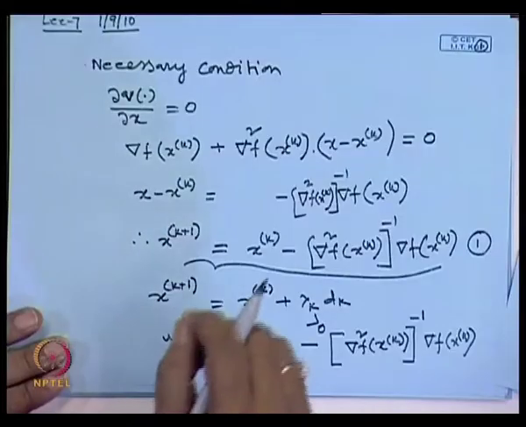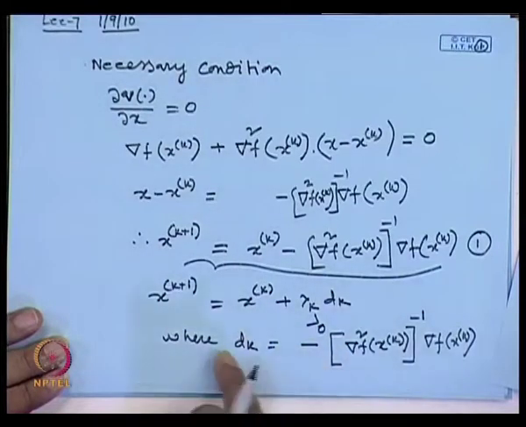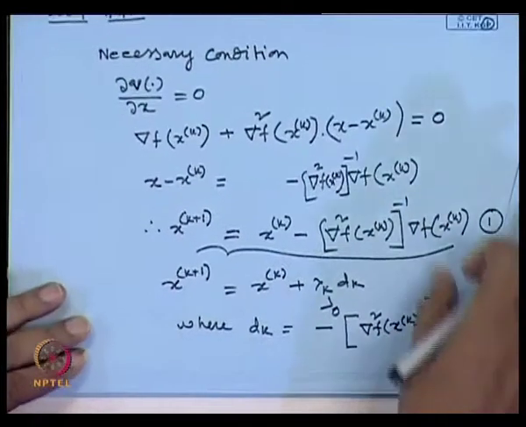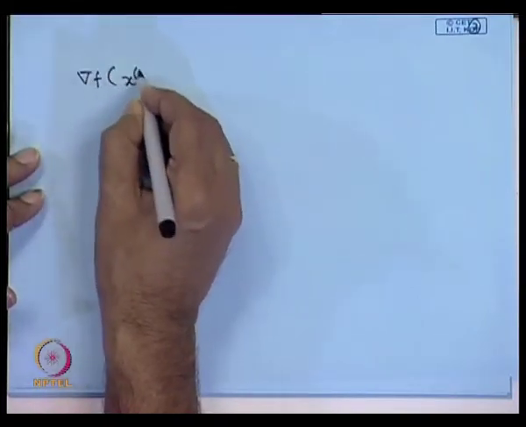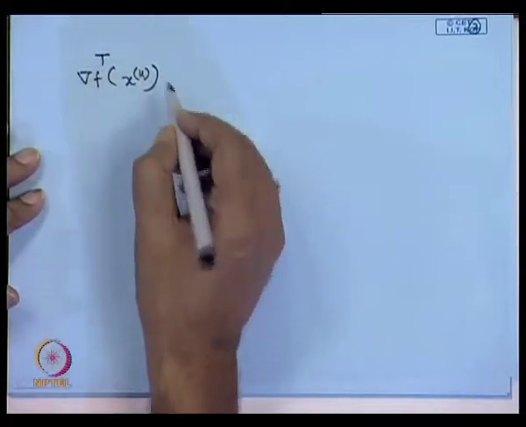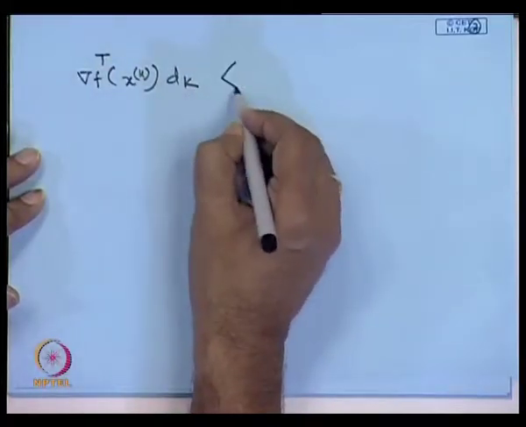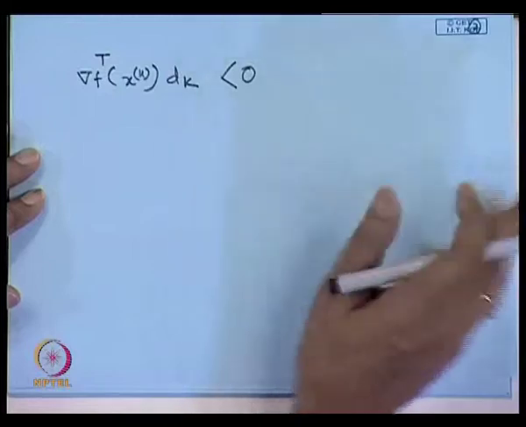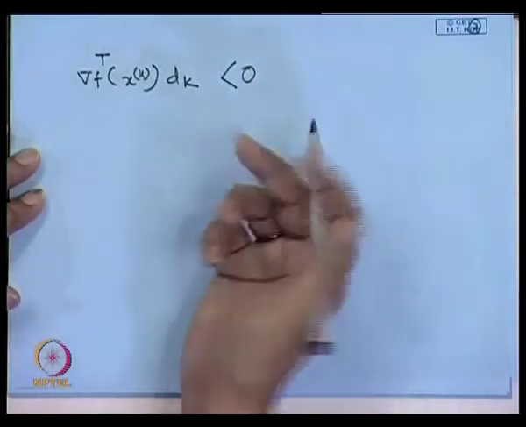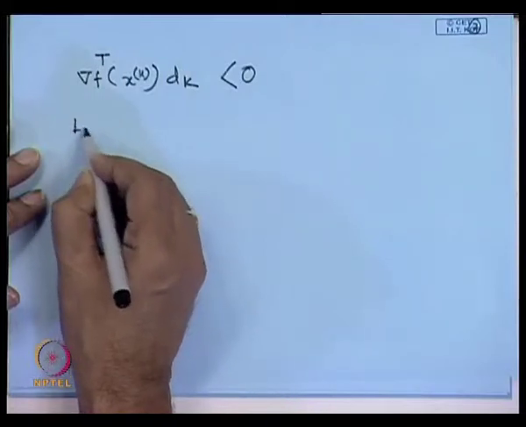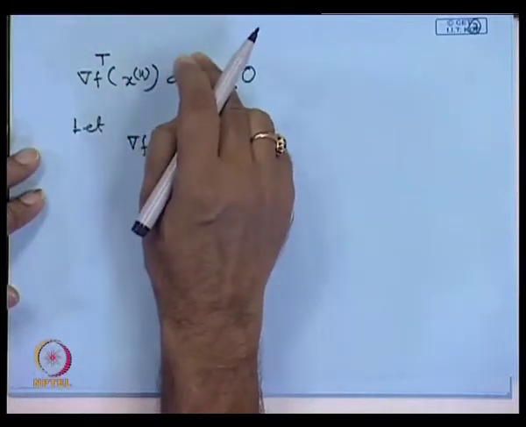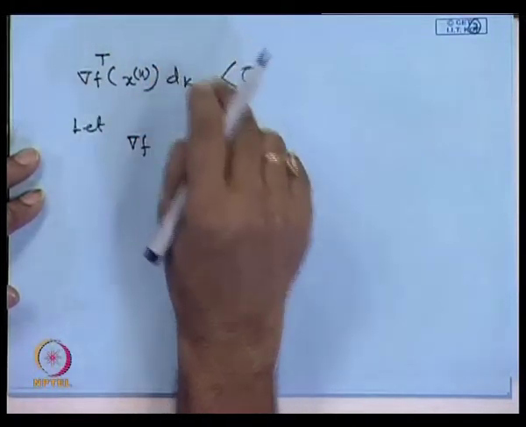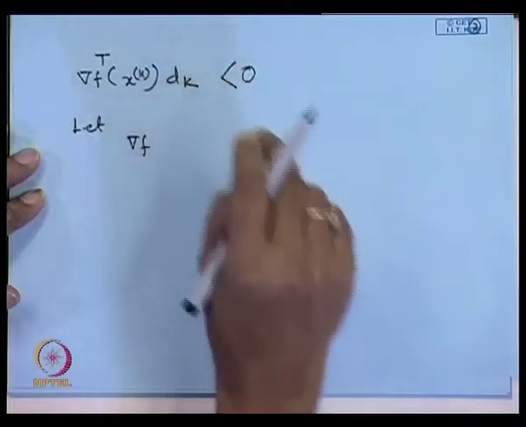You multiply the gradient by d k. The condition we have derived, if you recollect, is that delta f of x superscript k transpose into d k must be less than 0 if it is in the descent direction of this function. Let us see what this value is.